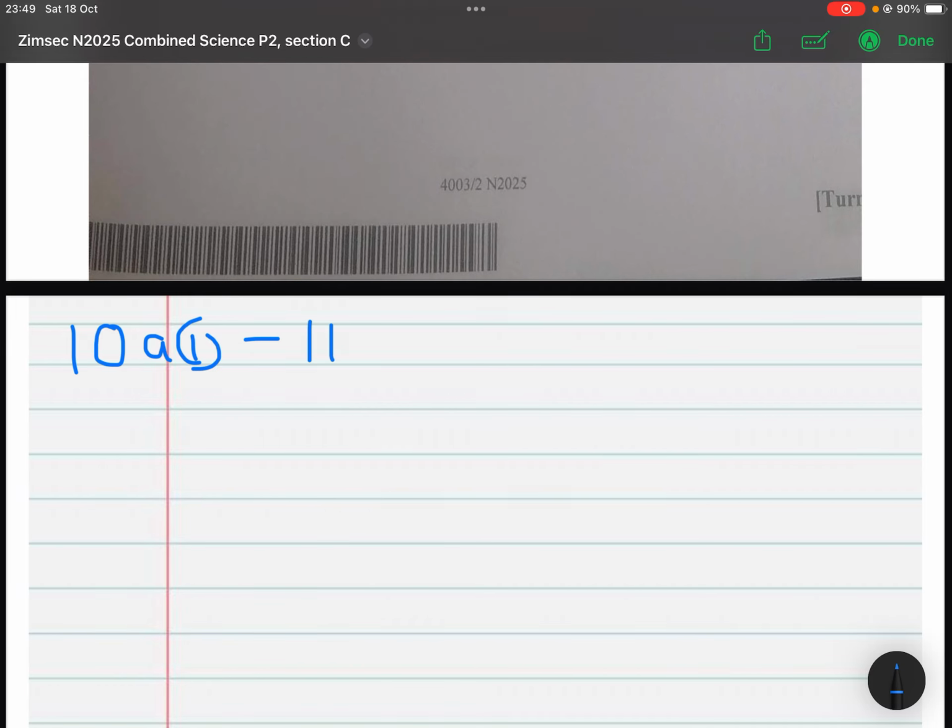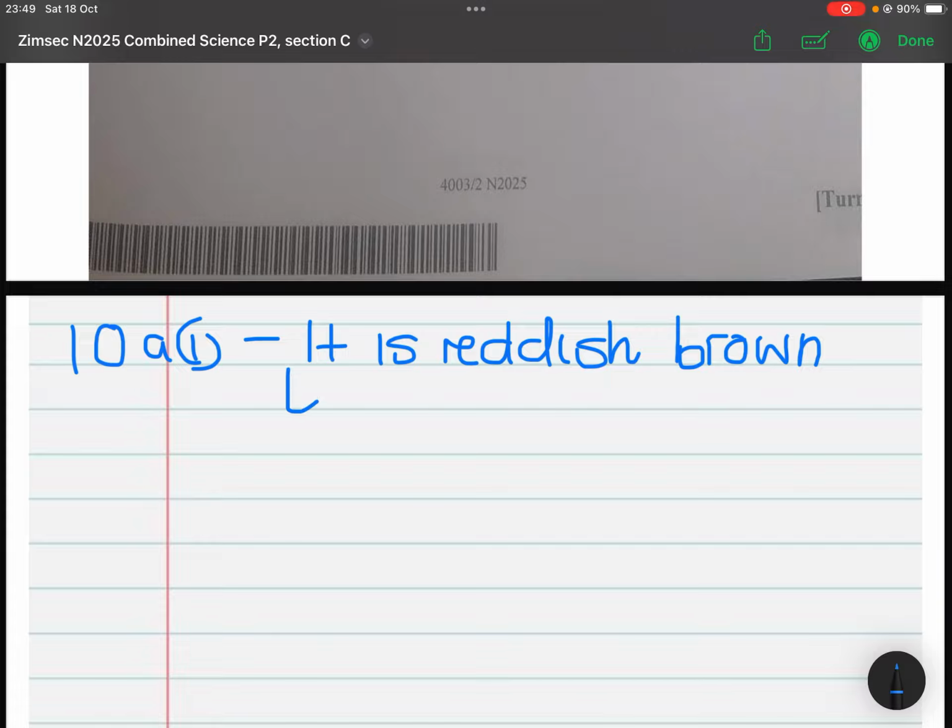So we write it is reddish brown liquid. This is at room temperature. So this is the first property of bromine.